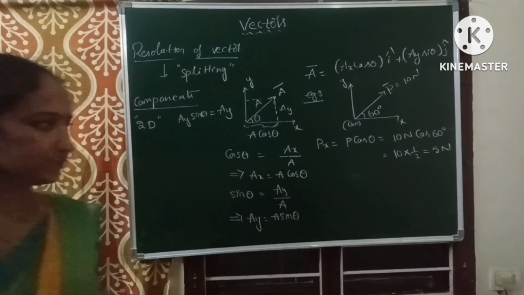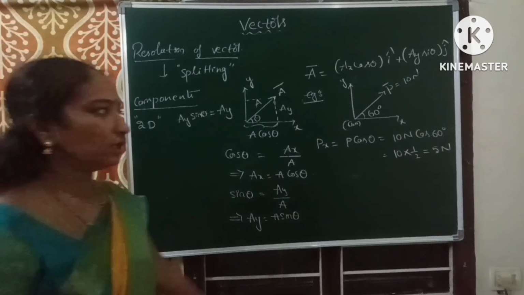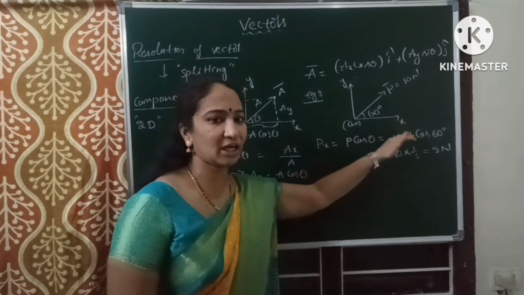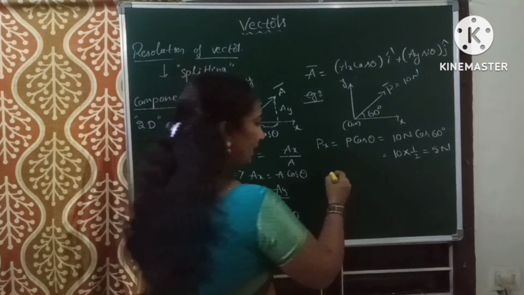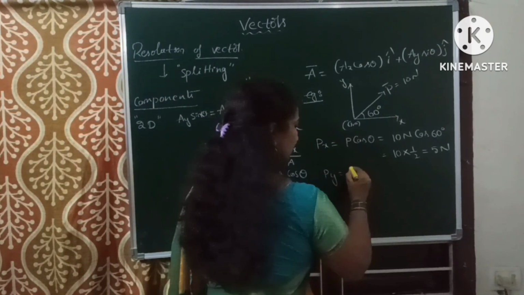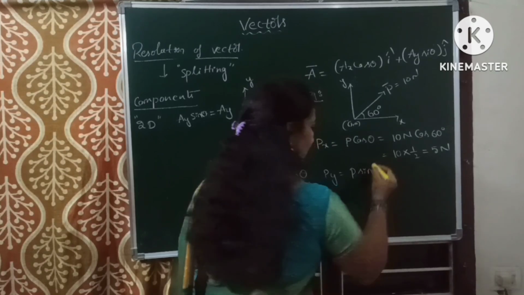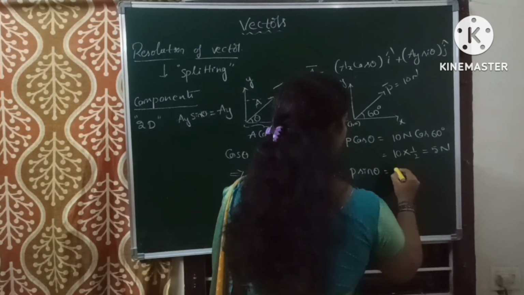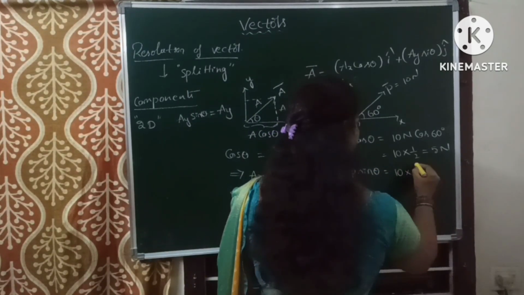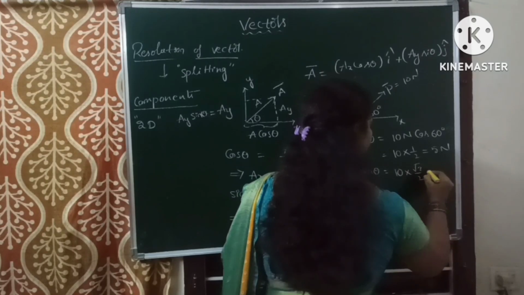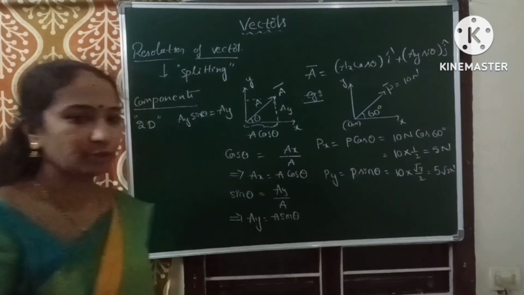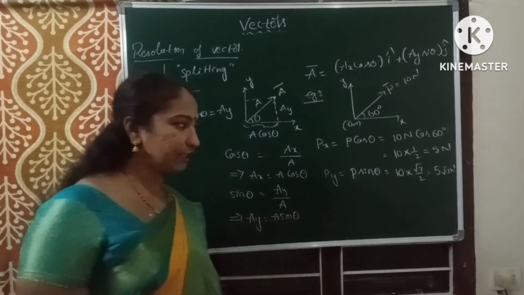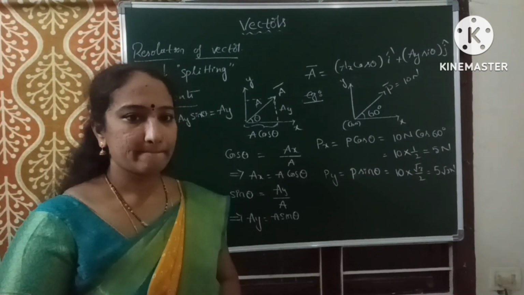So out of 10 newtons, the vector P bar contributed 5 newtons in the x direction. How much does it contribute in the y direction? Simply P sin theta, which is 10 newtons into sin 60, root 3 by 2, simply 5 root 3 newtons. It contributed 5 root 3 newtons along the y direction.